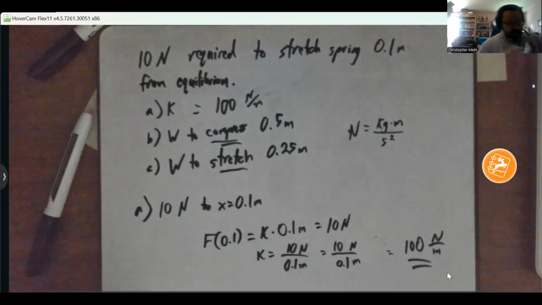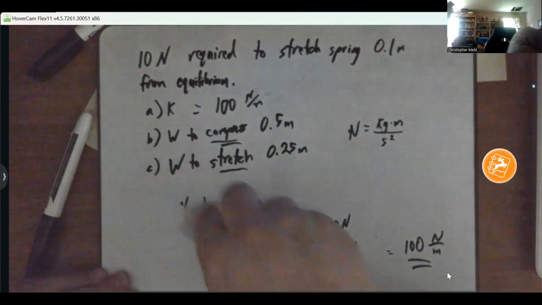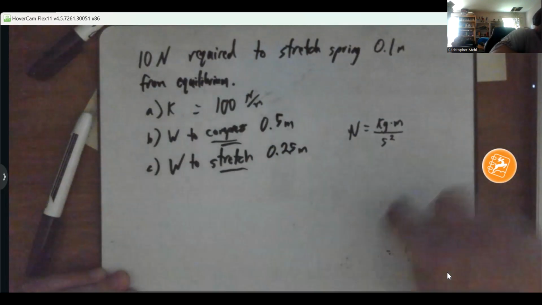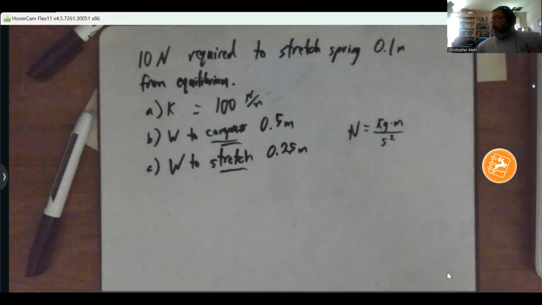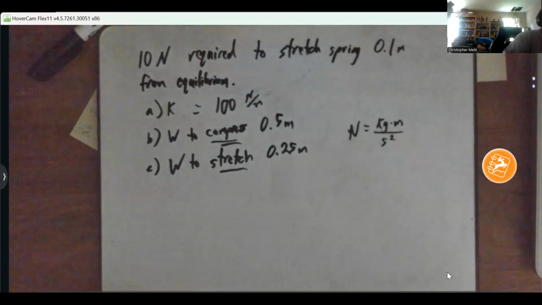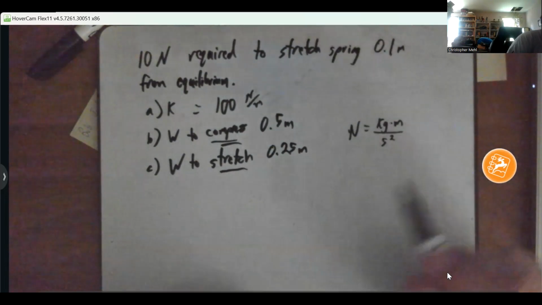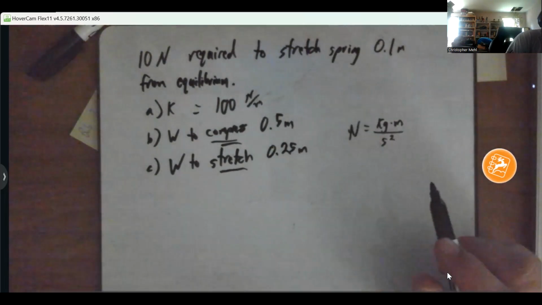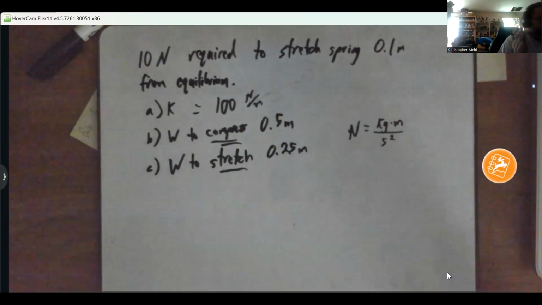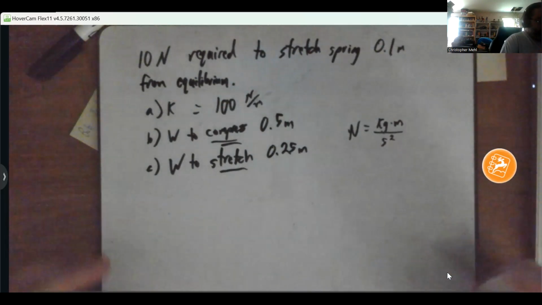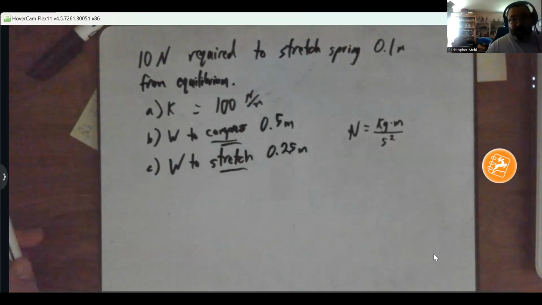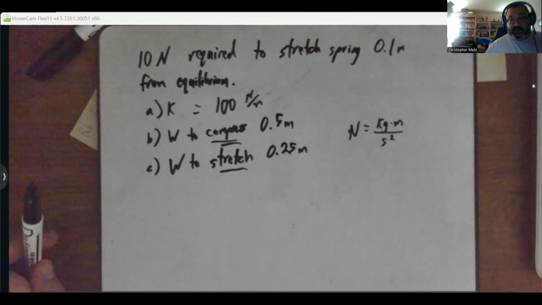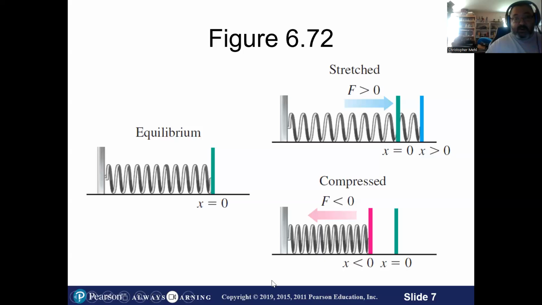All right, now let's answer the next question. For this same spring. So remember, k is tied to the spring. For this same spring, I want to compress it 0.5 meters. Now, if you're compressing the spring, the way we set up our coordinate system, at equilibrium x is 0.